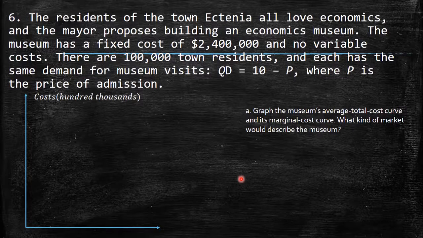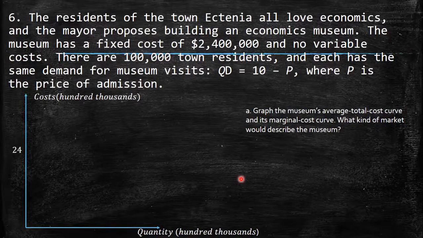So here we have the cost, measured in 100,000, okay? And then we have here the quantity, measured again in 100,000. If they have a fixed cost of 2,400,000, then the cost is going to be that.